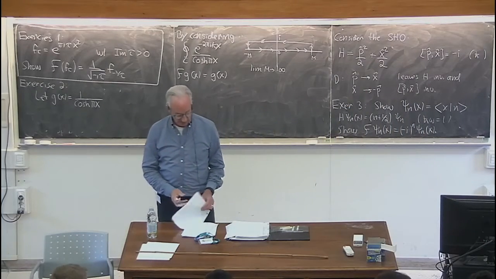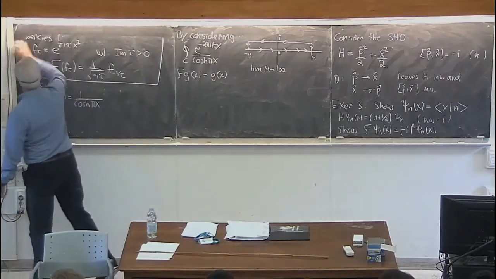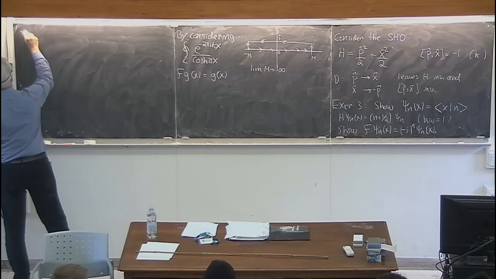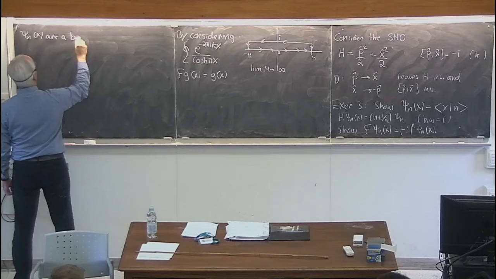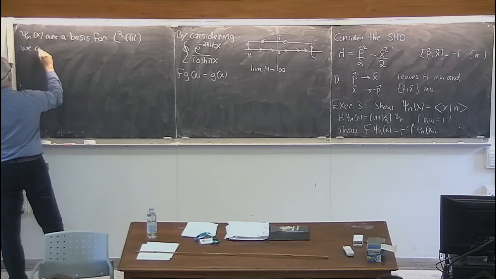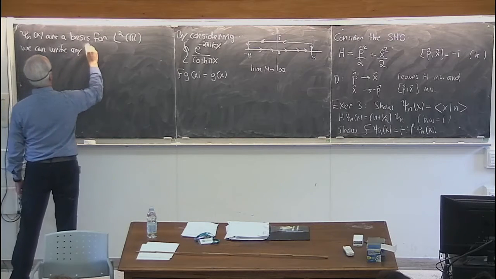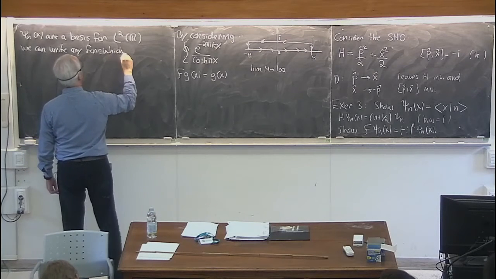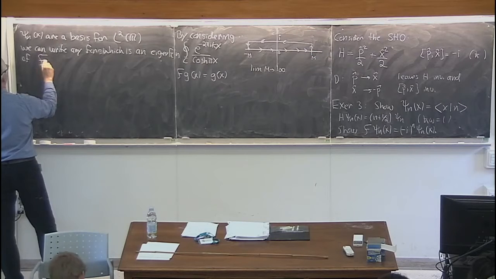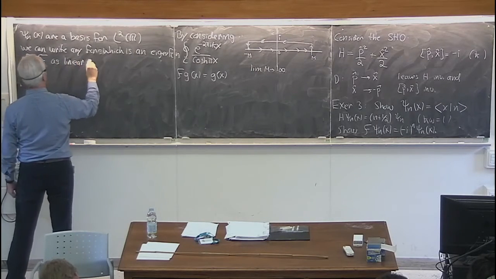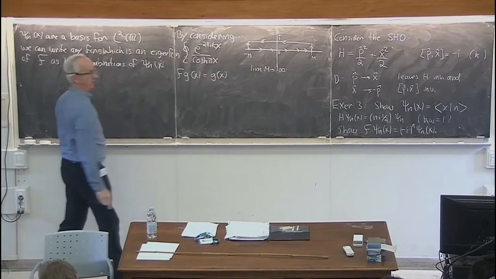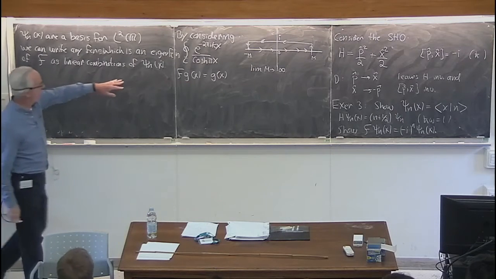And since the energy eigenfunctions of the harmonic oscillator are a basis for square integrable functions, we can write any function which is an eigenfunction of the Fourier transform as combinations of the psi n of x, the harmonic oscillator eigenstates.